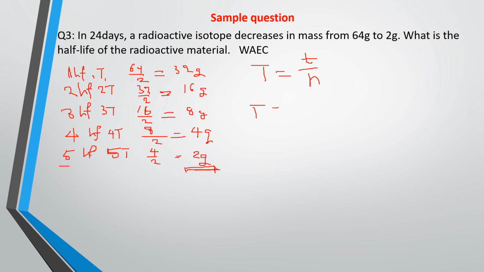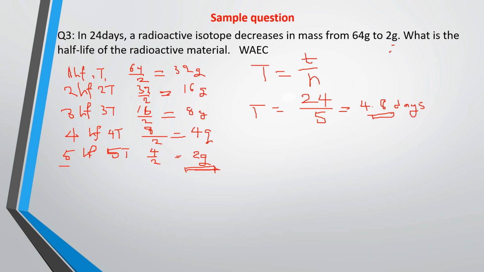The time of decay is given as 24 days. So 24 days divided by 5 gives us 4.8 days.